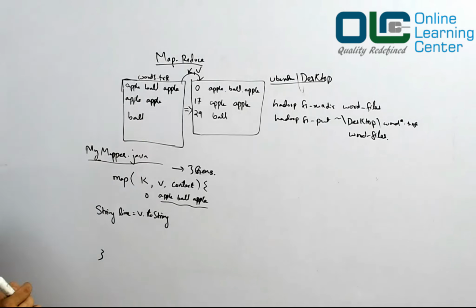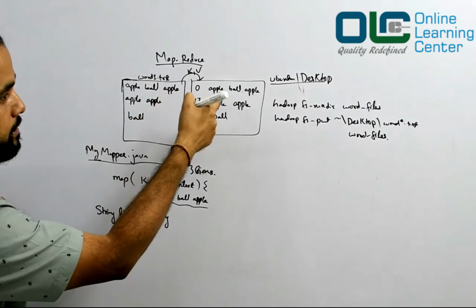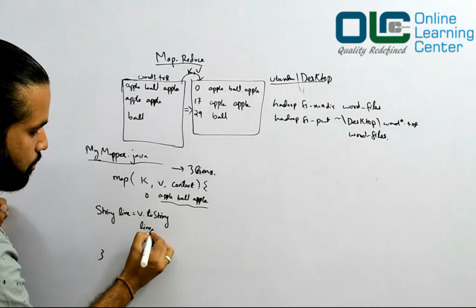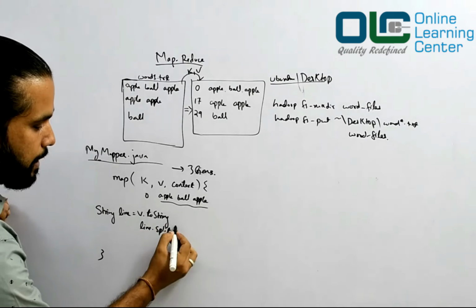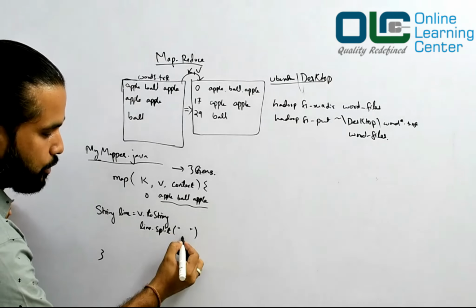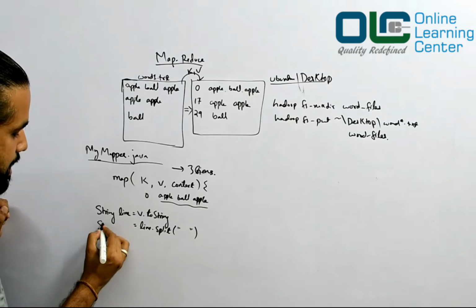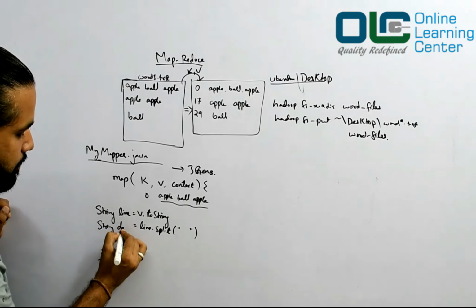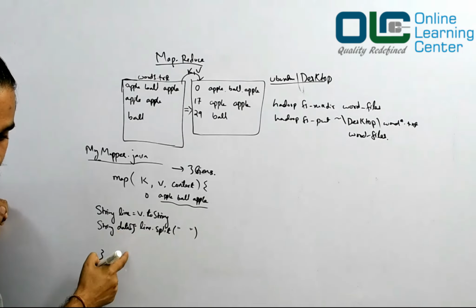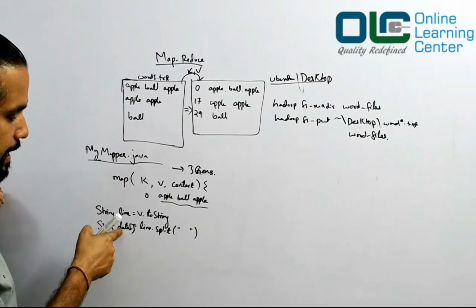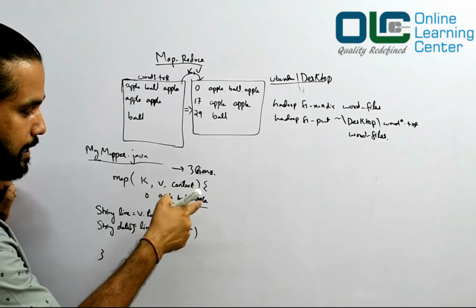You should split them by space, so I'll say line.split by space. When you do a split by space, what you get is an array, a string data array. So I got here an array, and this array has 3 words: apple, ball, and apple.